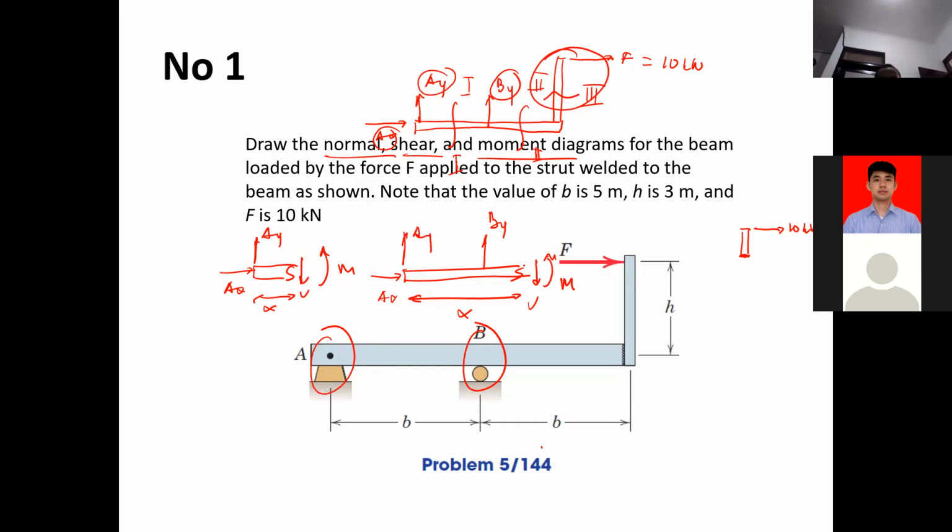Okay, one of the assumptions that you can take is you can make it consistent. So going up is like this, and in this case is like this. So in this case, our V is supposed to be like this, and our moment is supposed to be like this.